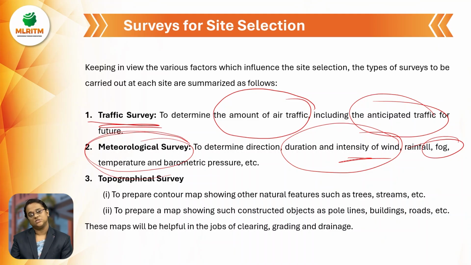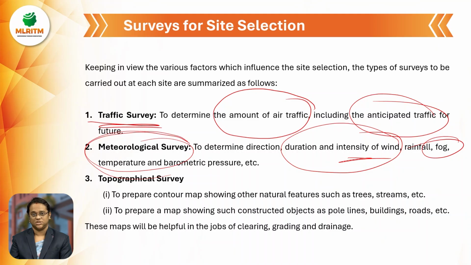For this meteorological survey, we can use the past 30 to 40 years of wind data of that particular site in order to determine the velocity of the wind, that is, at what speed the wind is traveling, and the direction of the wind, whether it is flowing from east to west, west to east, or north to south.